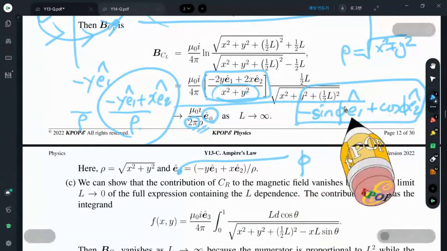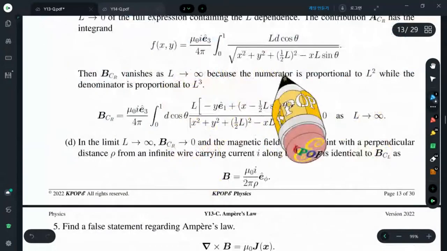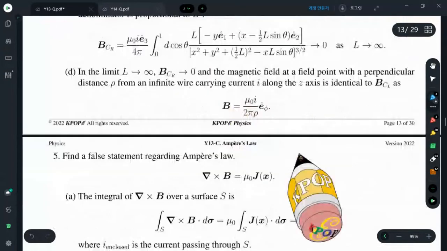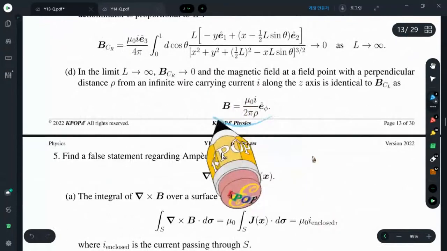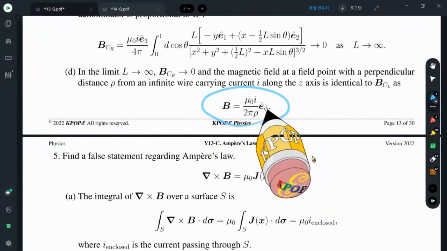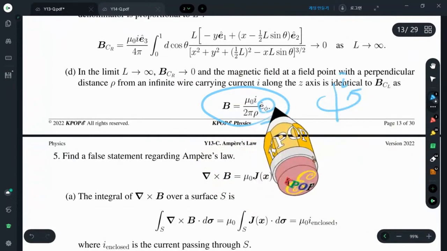The other term that is vanishing has been discussed in detail. Finally, a straight wire generates the magnetic field along the direction encircling the current like that.